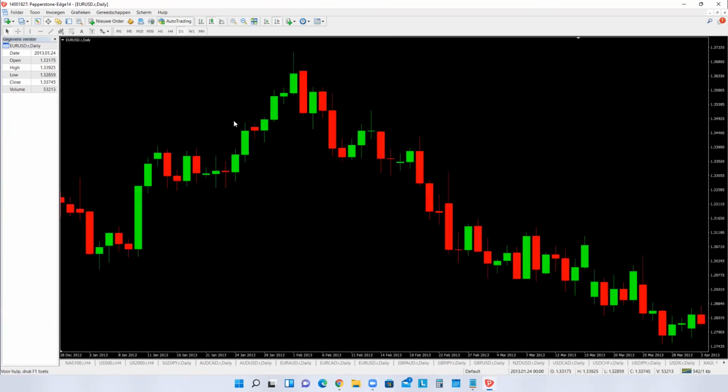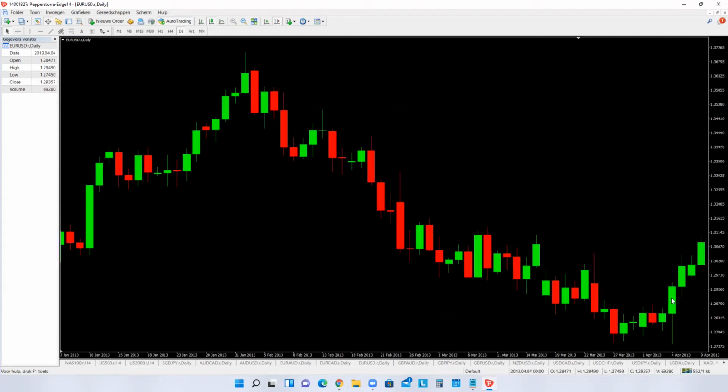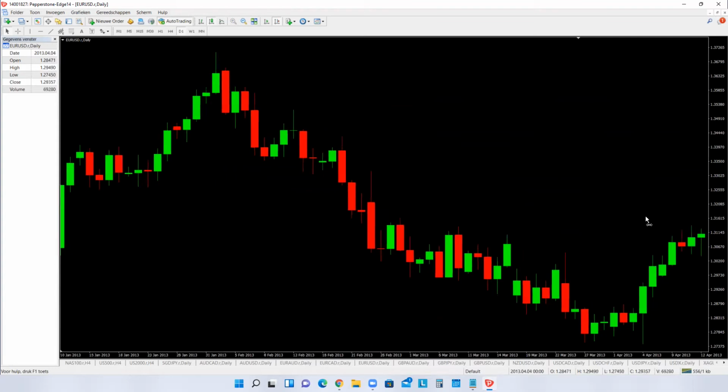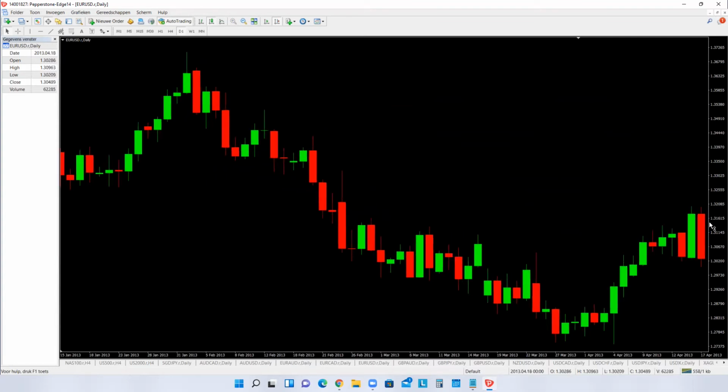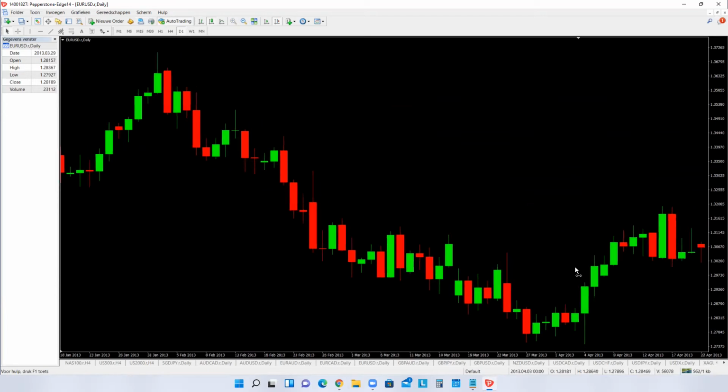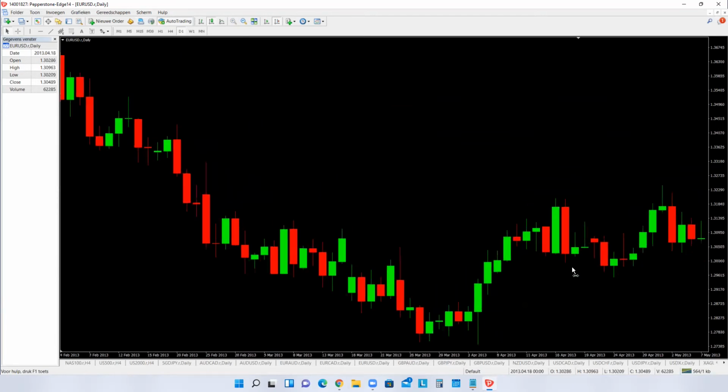You just go bar by bar, just like you would be trading the actual live markets. And as soon as a setup triggers, you go to your Excel sheet, you fill in the data that you want to backtest, and then you're on to the next setup. This way, you can't look in the future, so there's no hindsight bias there. And you can just go bar by bar and fill in all the setups.